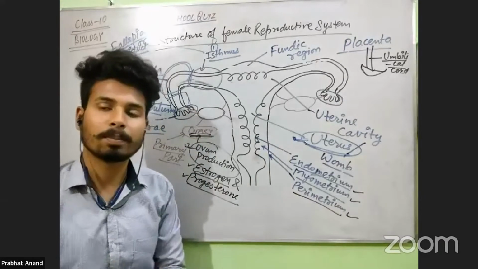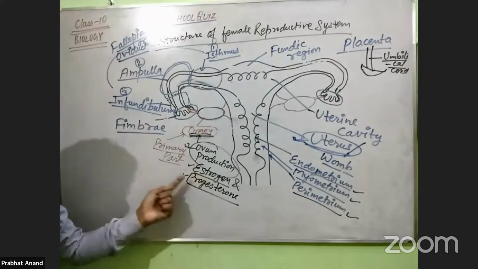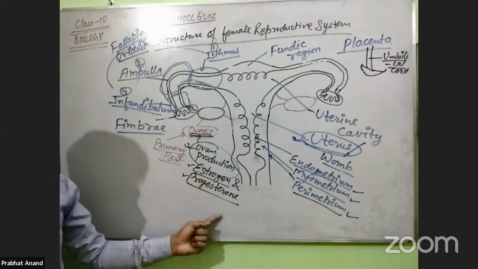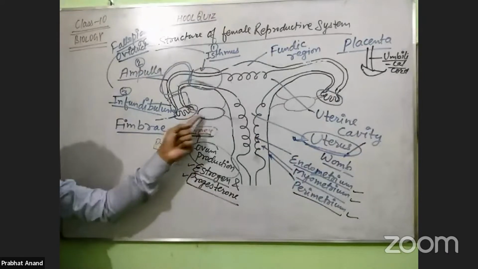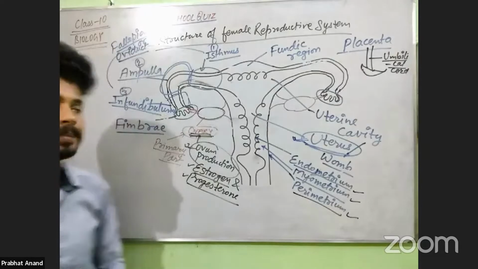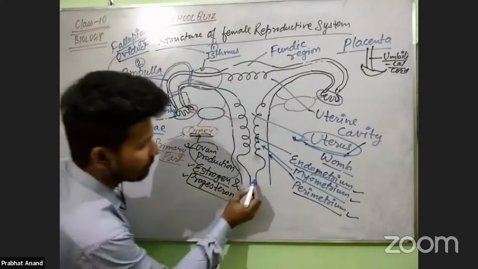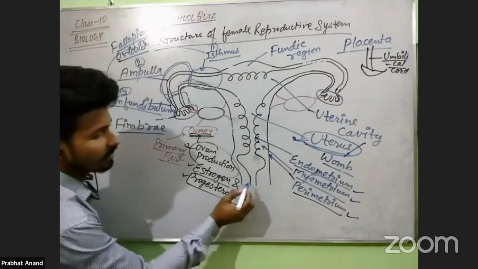Everyone, is it clear? Yes, sir. Okay, so this is the female reproductive system, and now we will be mentioning the vagina and the cervical canal.